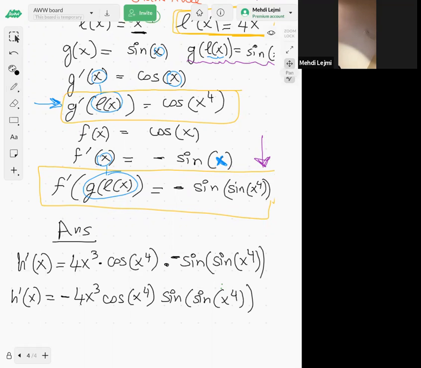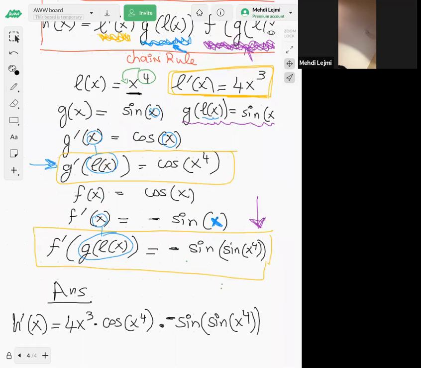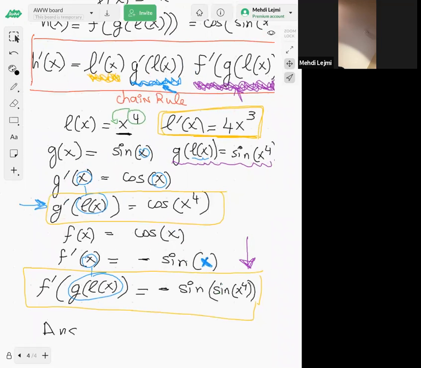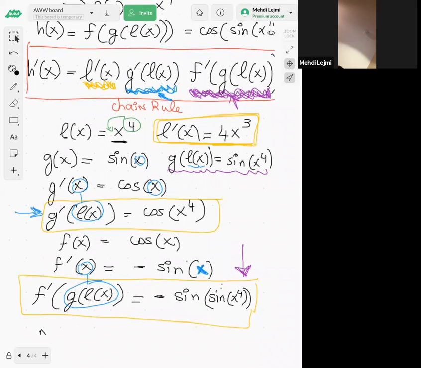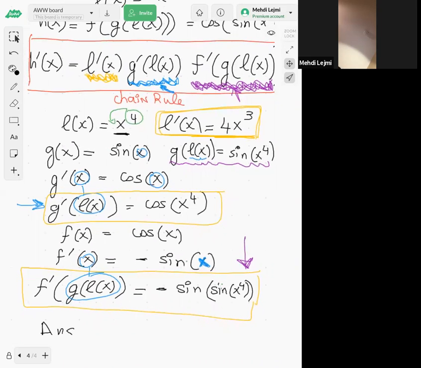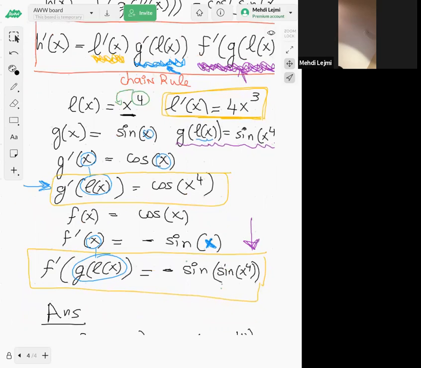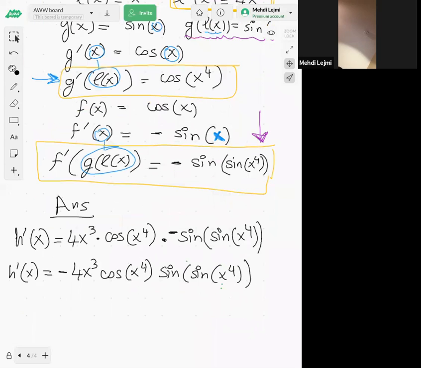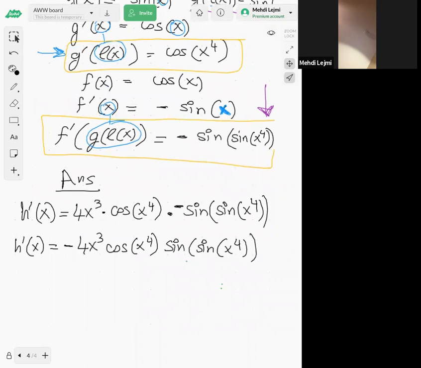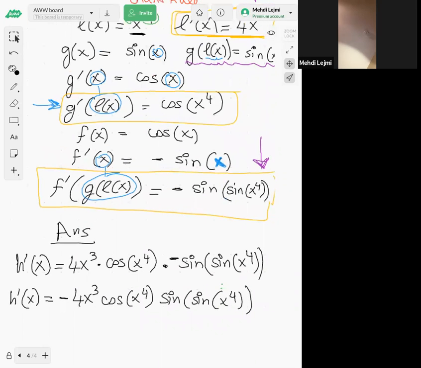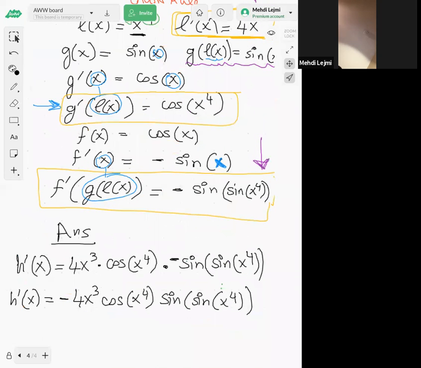So any questions, guys? I know this is a lot. Now we have 3 functions, and we have to compose all those functions, but you need to know this formula, right? You need to know the derivative of a composition of 3 functions.